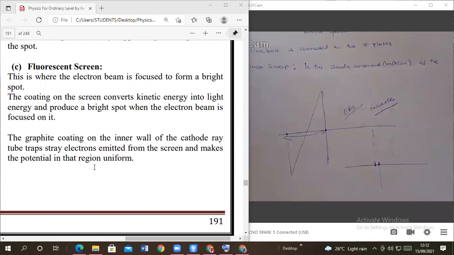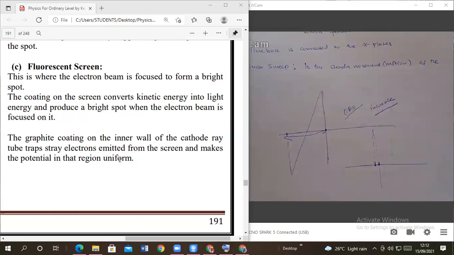And I found out that the inside of that screen is coated with a certain powder, and that powder was graphite. So graphite is coated on the inner walls of the cathode ray tube to trap all the stray electrons emitted from the electron gun, and this makes the potential in that region uniform. So graphite will trap and absorb them.